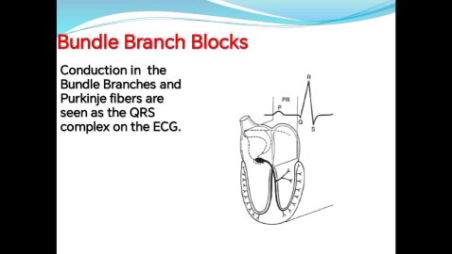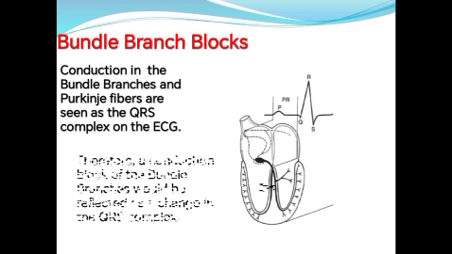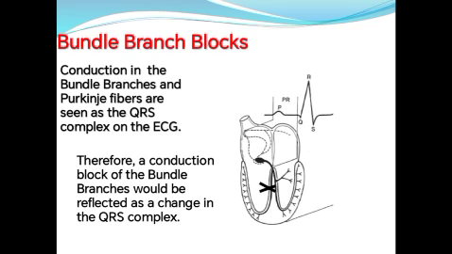As you know, conduction in the bundle branches and the Purkinje fibers is seen as the QRS complex on the ECG. So the QRS complex reflects the electrical activity in the bundle branches and Purkinje fibers, which transfer the electrical activity to the myocardium.